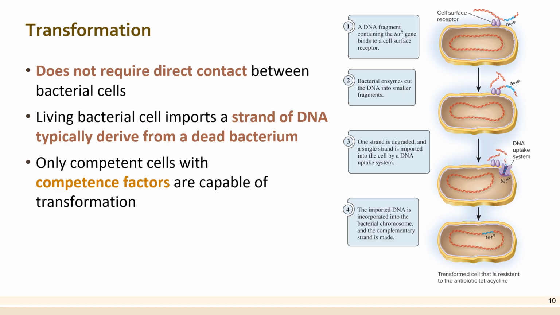So in this example here, we've got a gene that is producing a special channel protein that is going to bring in a small piece of DNA, and then that DNA gets integrated into the genome.